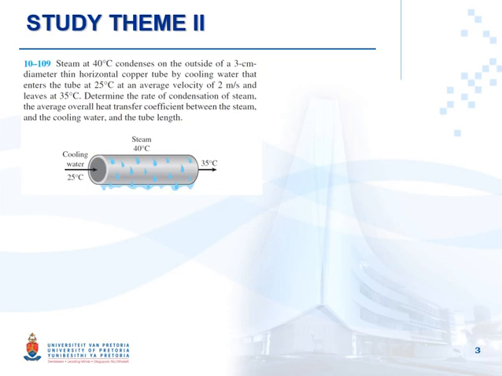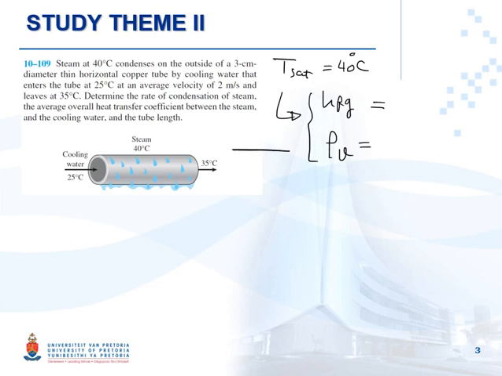Steam at 40 degrees condenses, so Tsat is 40. We go to the right table and, as I said, we read HFG and rho V from the table. I'm not going to give you the number of the table, but you need to find it. Table number at 40 degrees.